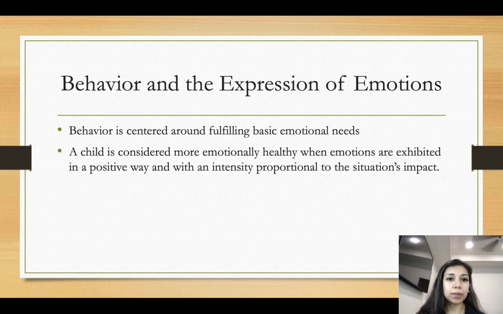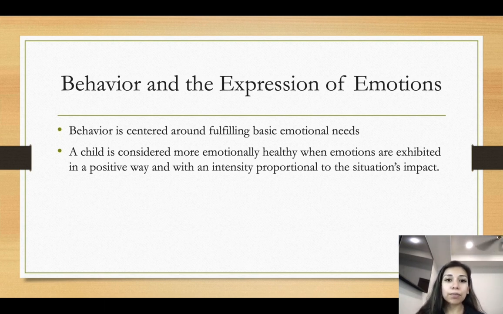Okay, behavior and the expression of emotions. Behavior is centered around fulfilling basic emotional needs. A child is considered more emotionally healthy when emotions are exhibited in a positive way and with an intensity proportional to the situation's impact.